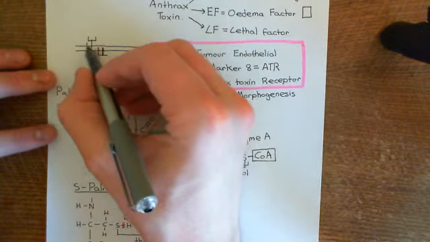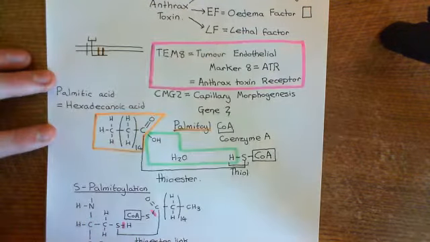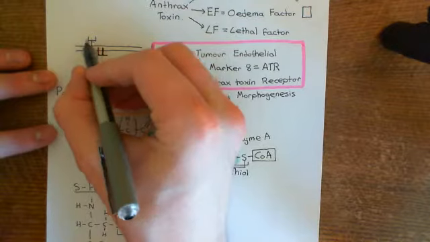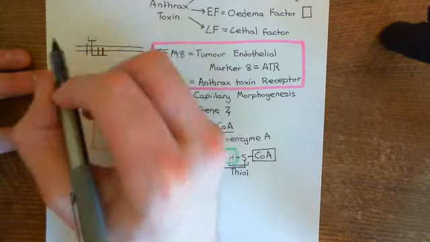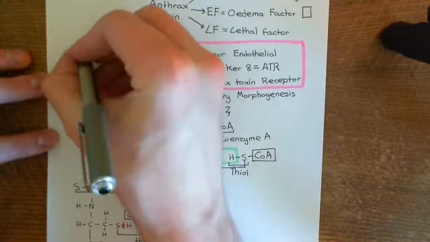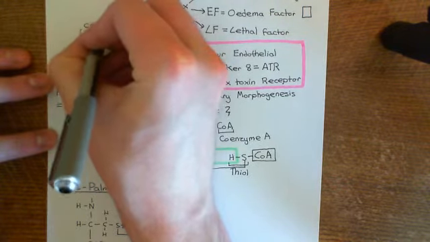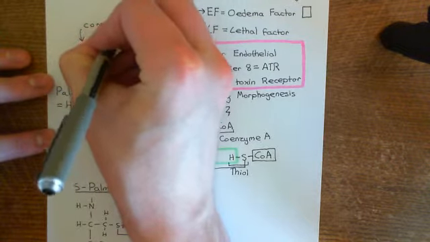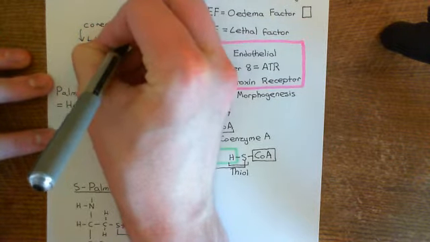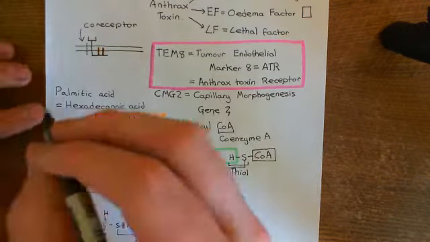If you don't have this co-receptor bound, TEM8 will not bind to the protective antigen 83. So that's the definition of a co-receptor: a molecule that is necessary to have bound to the receptor in order for the receptor to actually bind to its ligand.